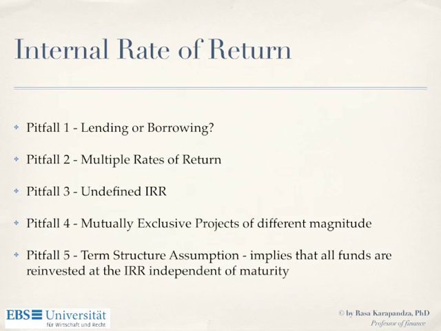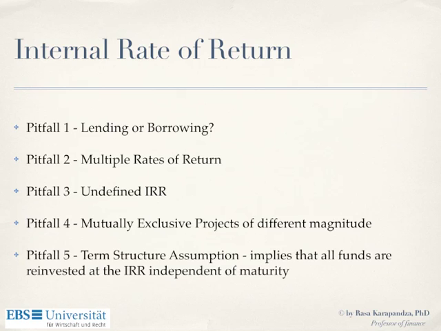However, there are other pitfalls that are difficult to solve. And they are super, super important. Why? Because there is a 76% chance that your boss, whatever you do, will ask you about the internal rate of return.